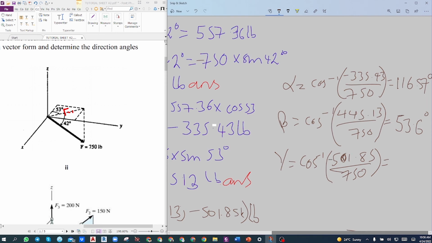I keep forgetting that negative. So negative 501.85 over 750, and this is coming to 132.0 degrees. So these are the answers for the direction cosines angles. So you've got your answers for part 2. Thank you.